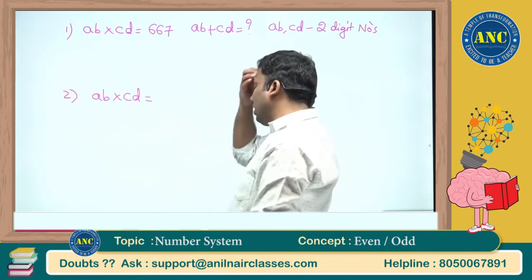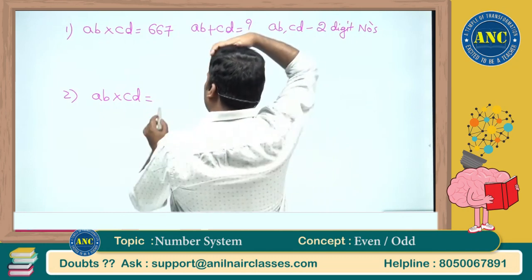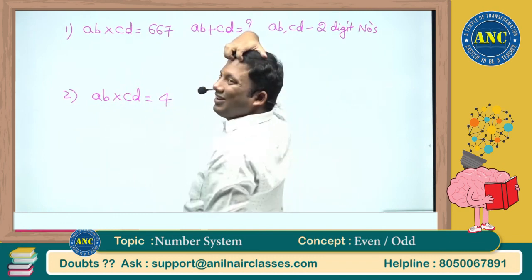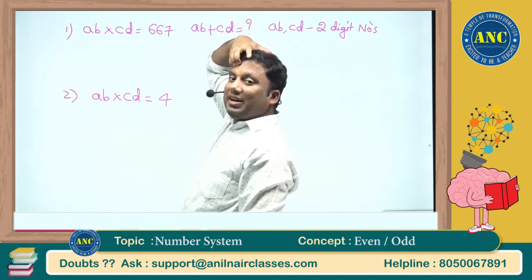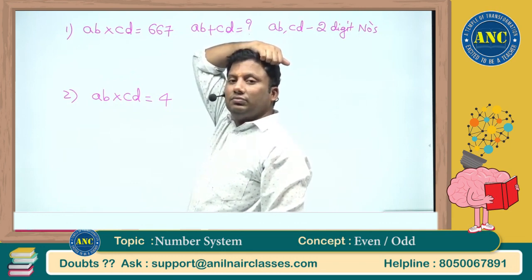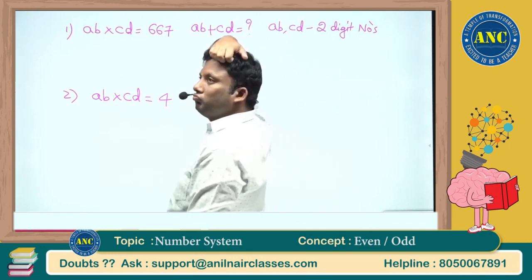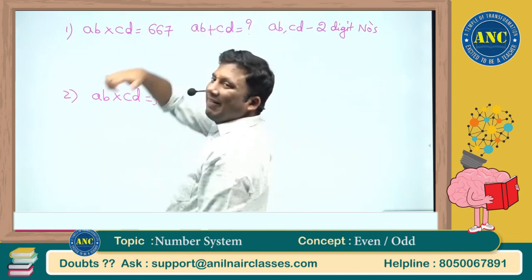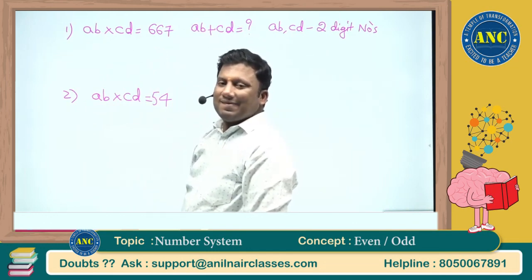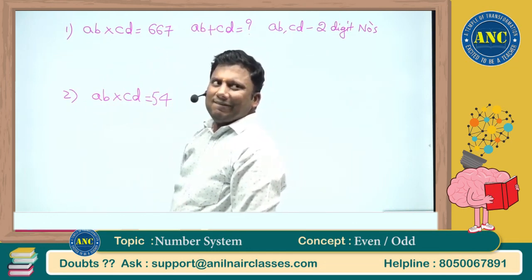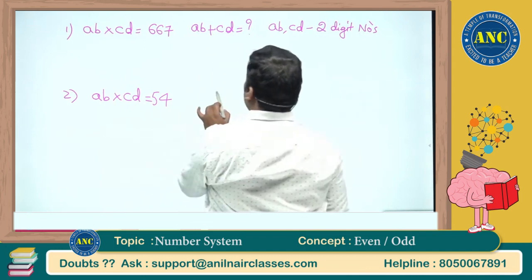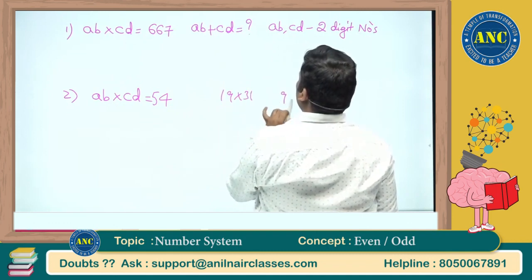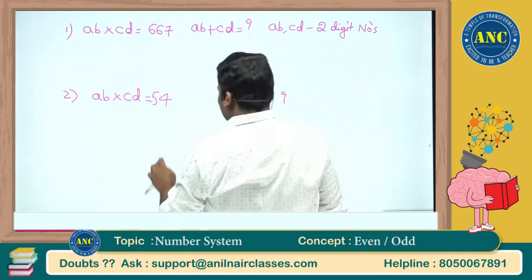AB into CD. Suppose if I take 540, 19 into 29 is what I am decoding, or 19 into 31 we will decode. 589 let us take.